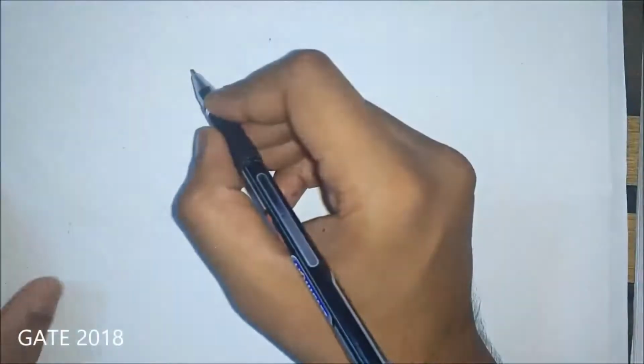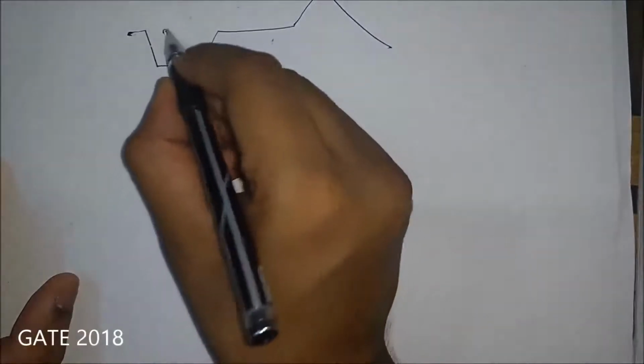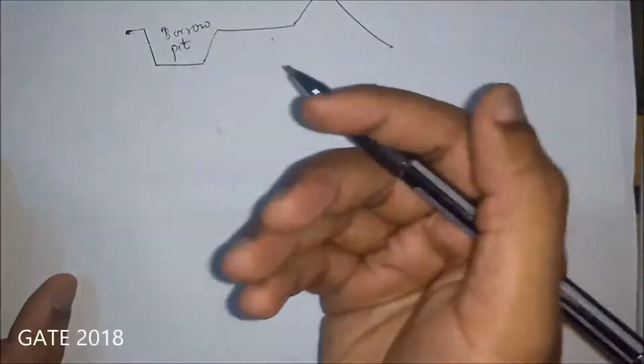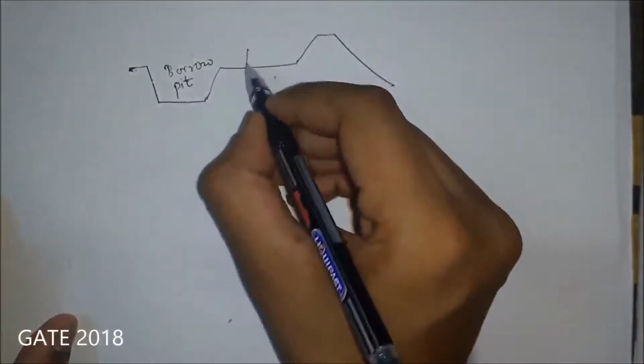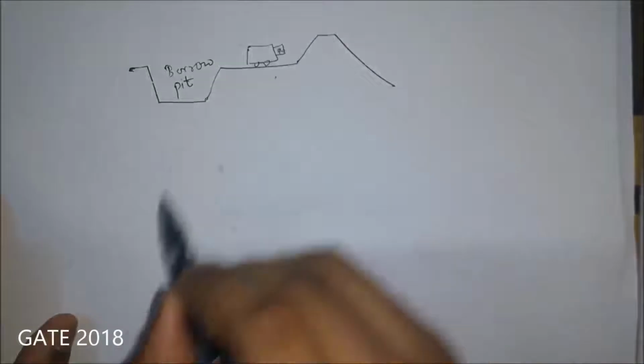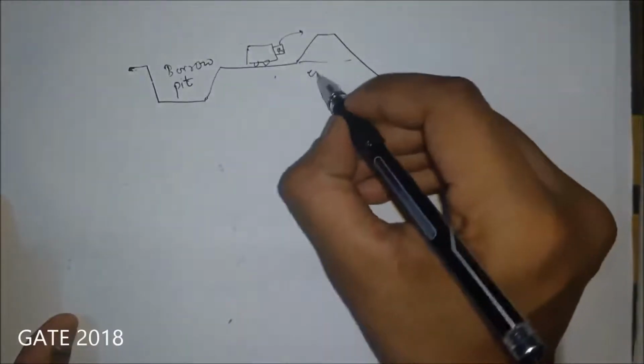Now, just a small concept which is remaining here. This is the last concept in this chapter. There is a borrow pit here, from which we will borrow the soil. We will carry it and we will dump it to form an embankment.